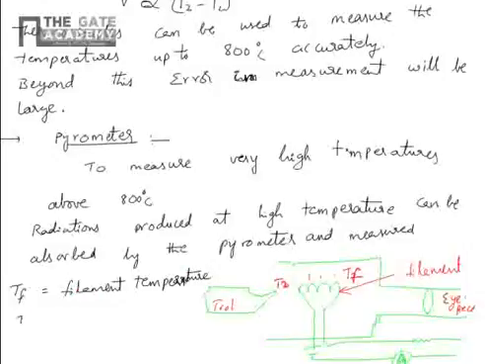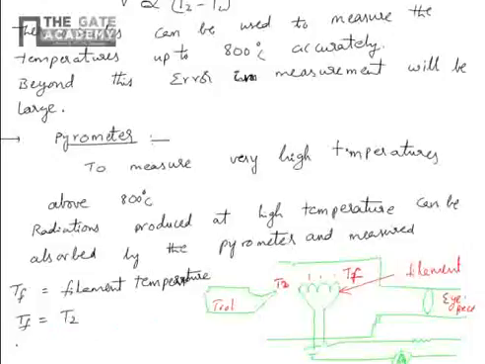If the eyepiece shows the filament as empty, then the temperature of the tip of the tool is equal to the filament temperature. If it is showing the filament, then it is either less than or greater than.